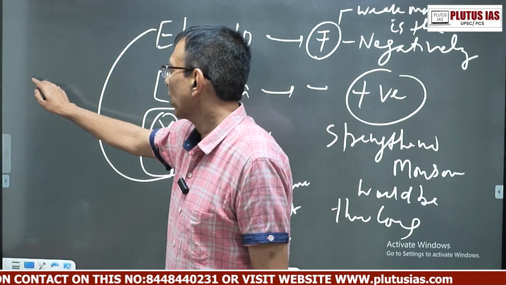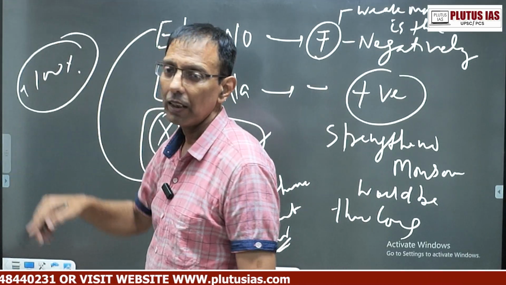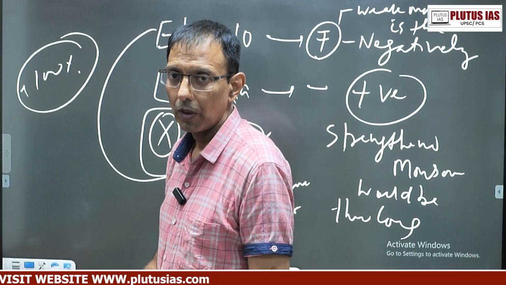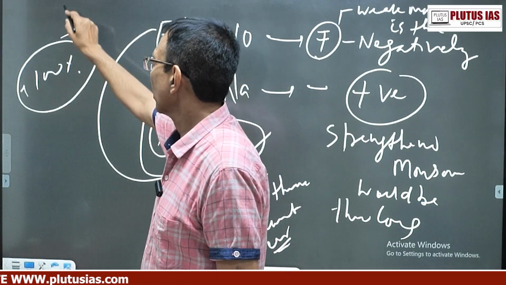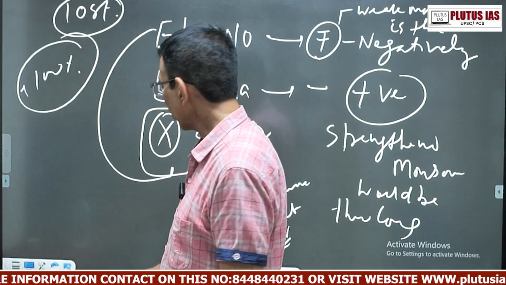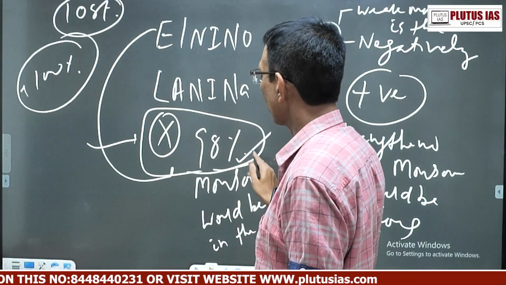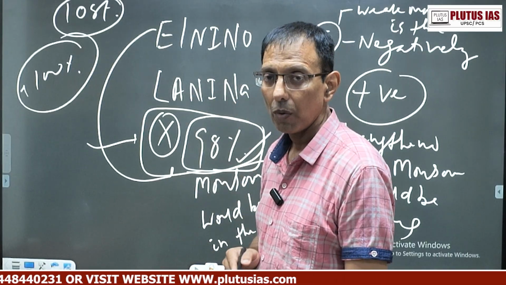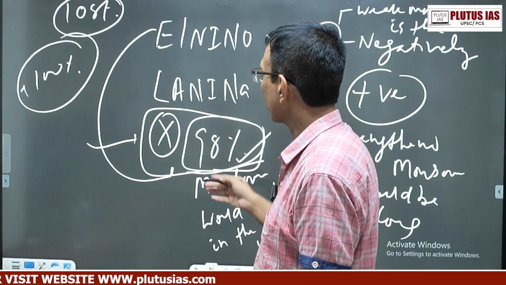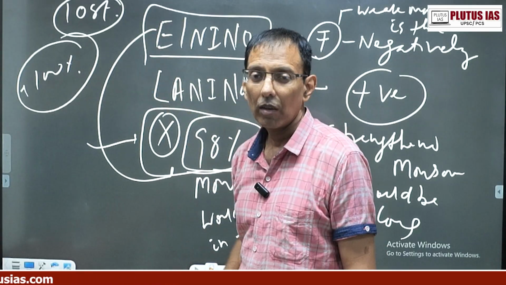Normal, more than 100% monsoon is required to be coming, as last year it was 108%. But this year it is taken to be reduced to 98% or even below. This is expected due to the impact of El Nino.